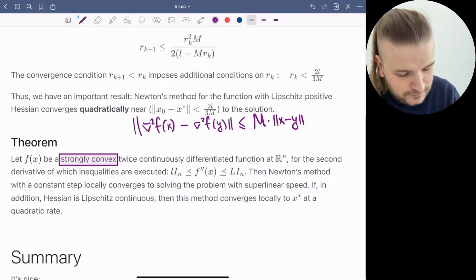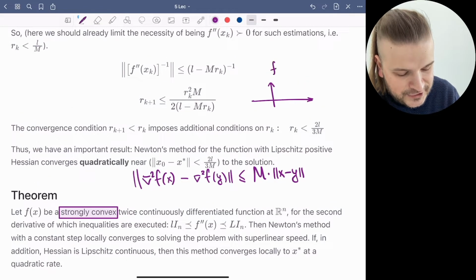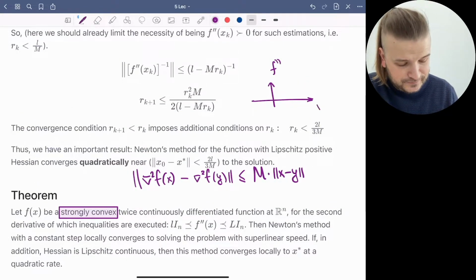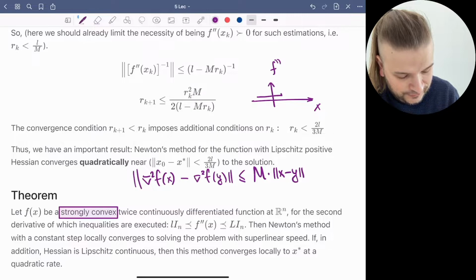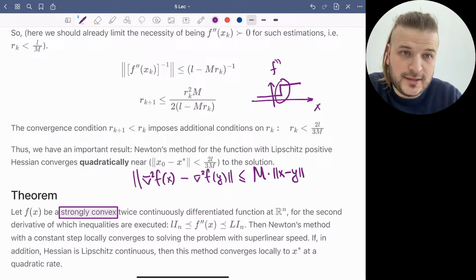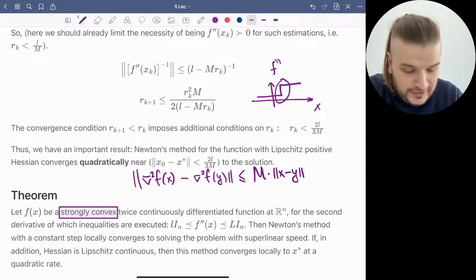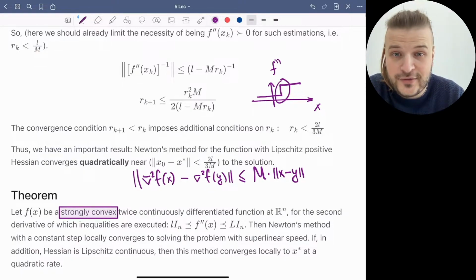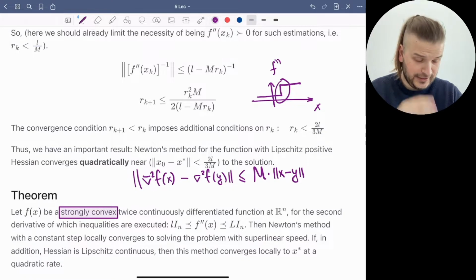If you plot the graph of the second derivative for the scalar case, it cannot look like this, because here you have an immediate change, and that's not Lipschitz continuous, right?